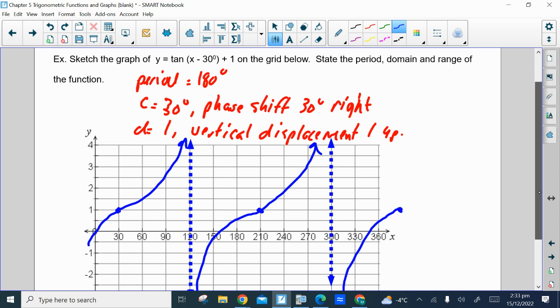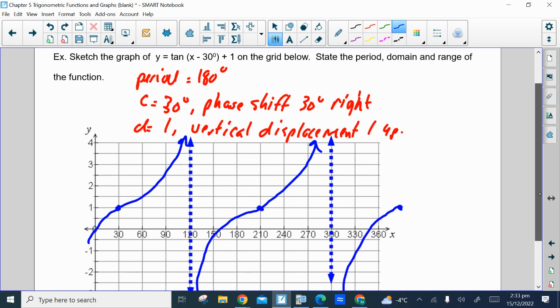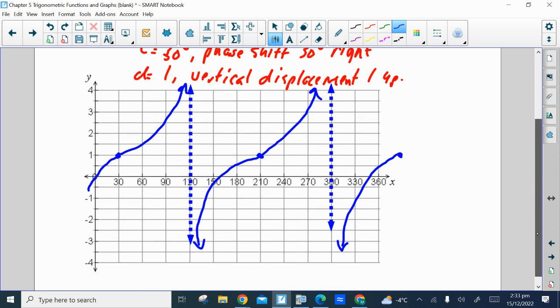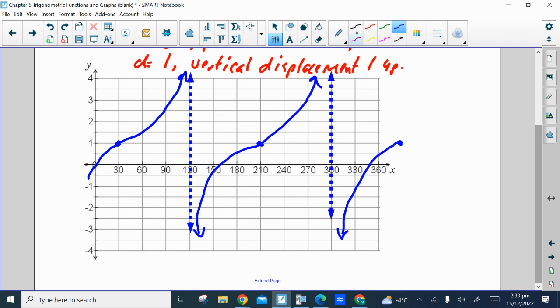So in this case here, we're just asked to state the period, which we did, 180 degrees, but then also the domain and the range. So the domain of this would now be that x cannot equal 120 degrees plus 180n. Our first asymptote was at 120, but our period didn't change.